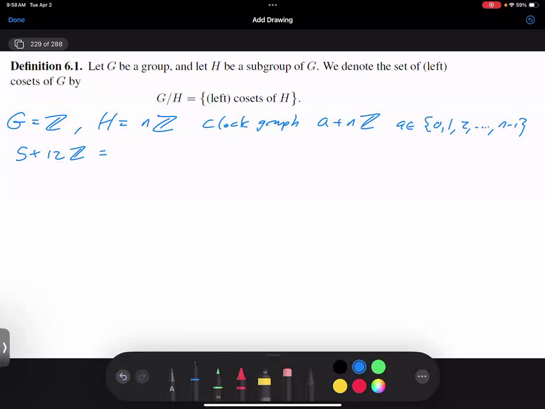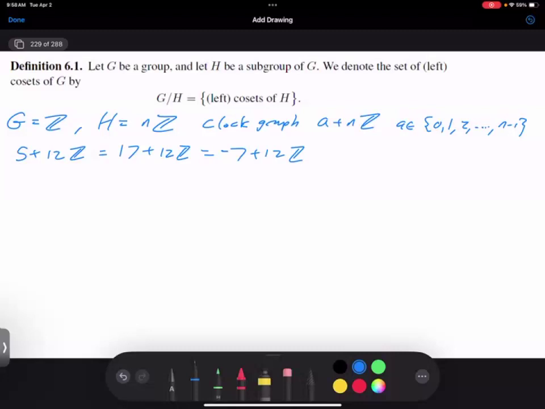What's another way of writing this exact same set? 17. No one is going to say anything other than 17, since 17 is the most natural. But instead of 17, what else could you use? You're saying 7 plus 12Z is the same as minus 7. Yes, minus 7 plus 12Z.